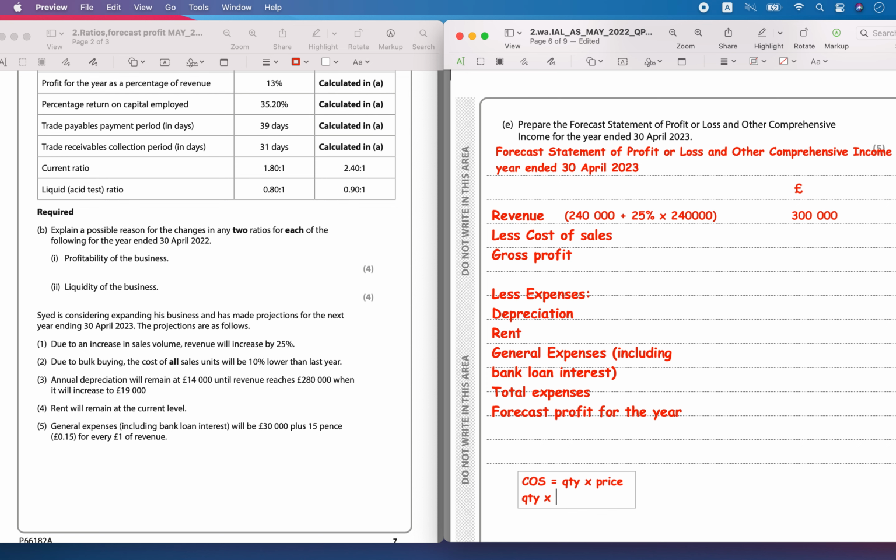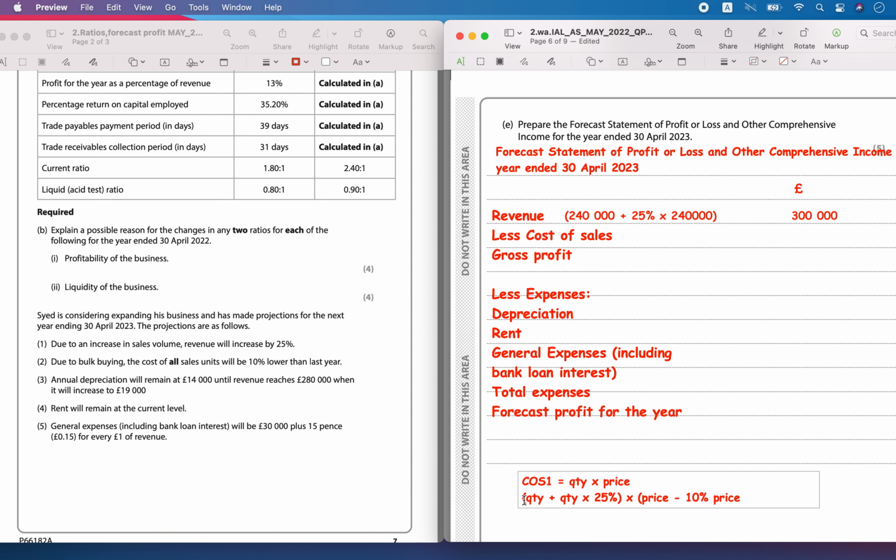So we have to do this here also, it would have increased by 25%. So it would have become one quantity plus 25% of quantity. And the price, how has the price been affected? Price has become lowered. Okay, price would have got lowered by 10%.